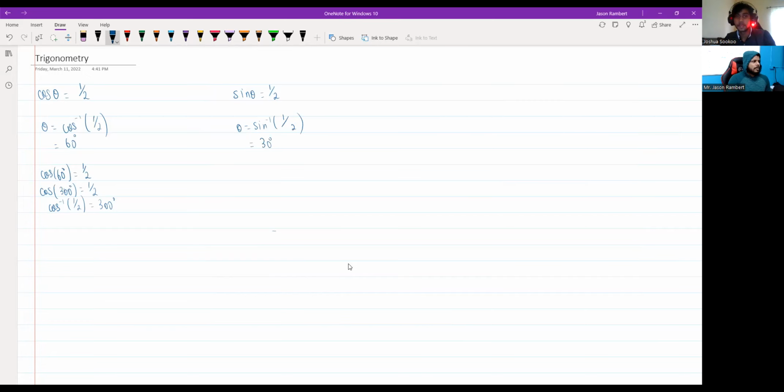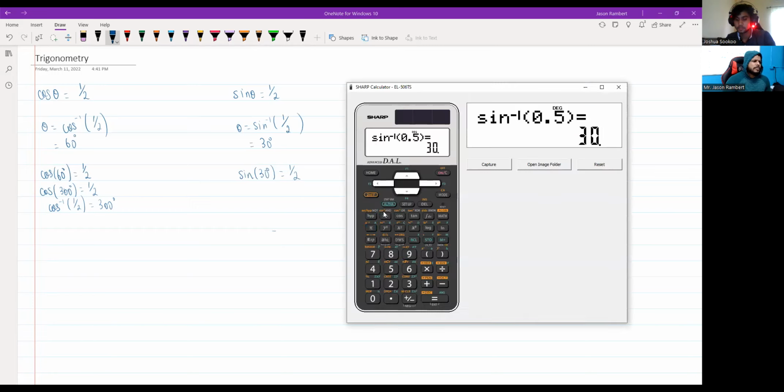Now, this indeed means that sine of 30 degrees is equal to 1/2. But check this one now. What about sine of 150 degrees? What is that equal to?